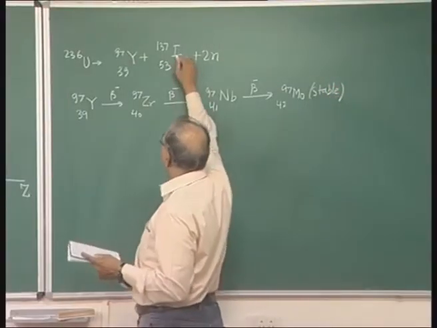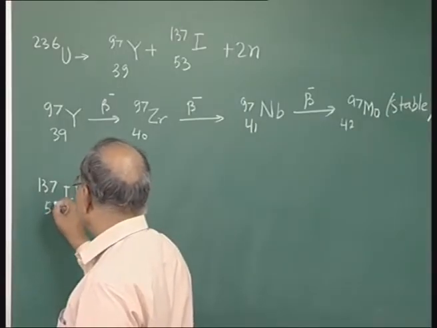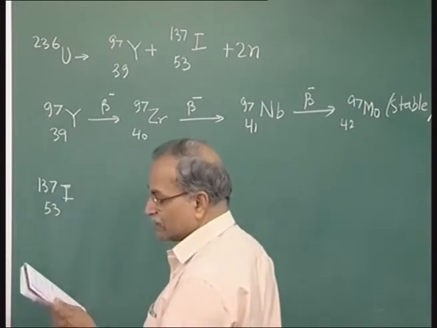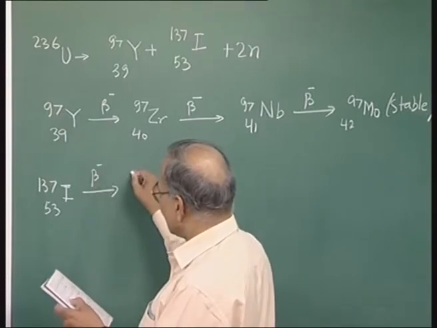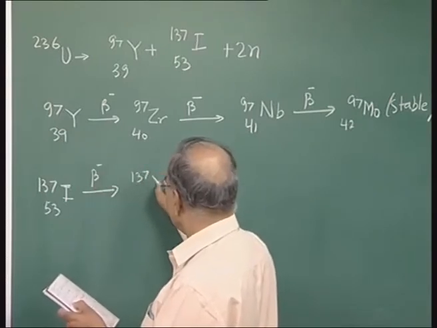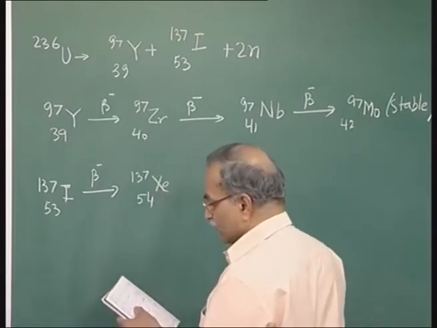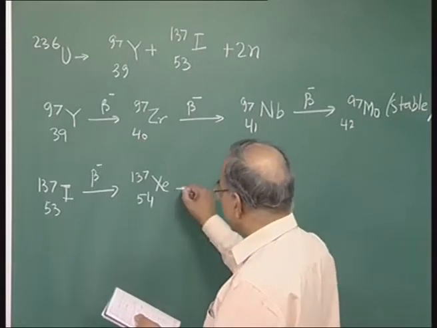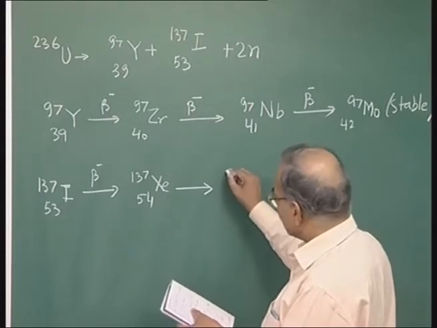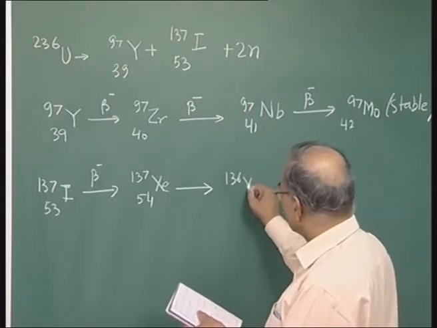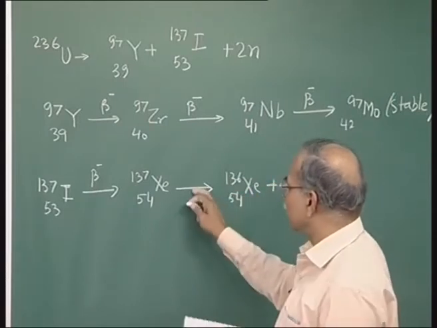The other fragment 137 I 53, this fragment beta decays to 137 xenon, Z equal to 54, and that decays to, this is interesting, 136 xenon 54 plus a neutron.